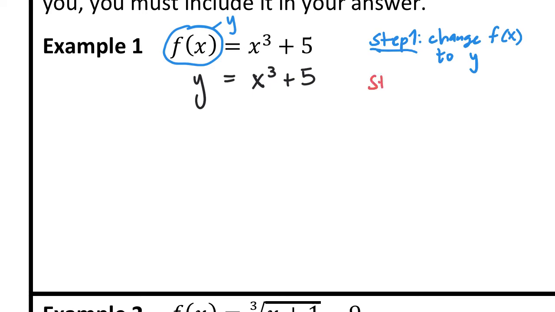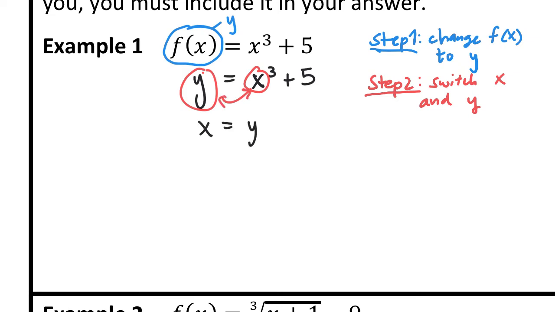Step 2, switch x and y. Switch x and y. Step 3, solve for y.